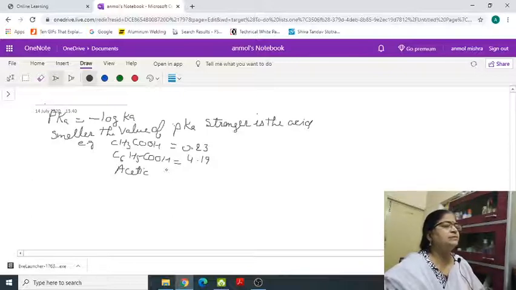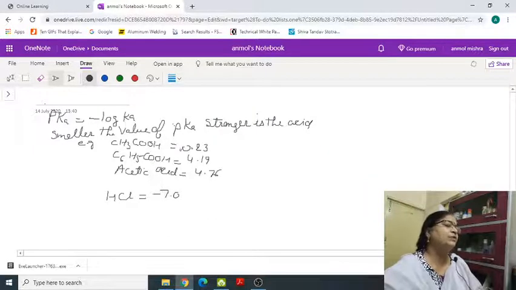Acetic acid has 4.76. And HCl has -7. So from the above values we can arrange them in increasing order of acidic character. It means the acetic acid is lowest and HCl is the greatest in acidic character.